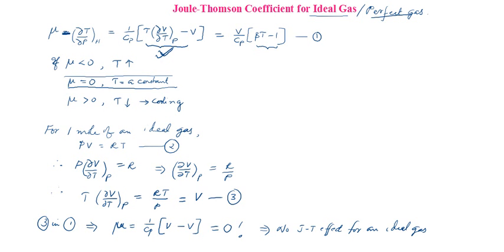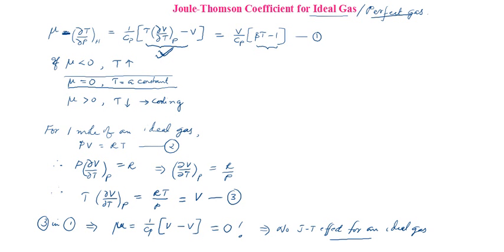There is neither cooling nor heating. Hope you remember that in our introductory session on the Joule-Thomson effect, I had mentioned this point. Since ideal gases do not show the Joule-Thomson effect, we can use the Joule-Thomson experiment to distinguish between an ideal gas and a real gas.